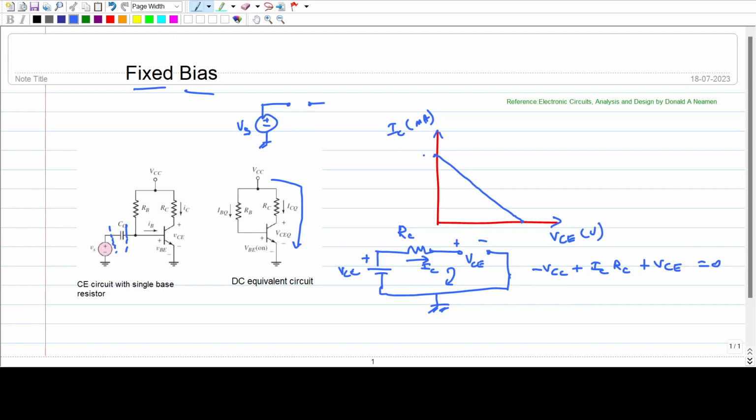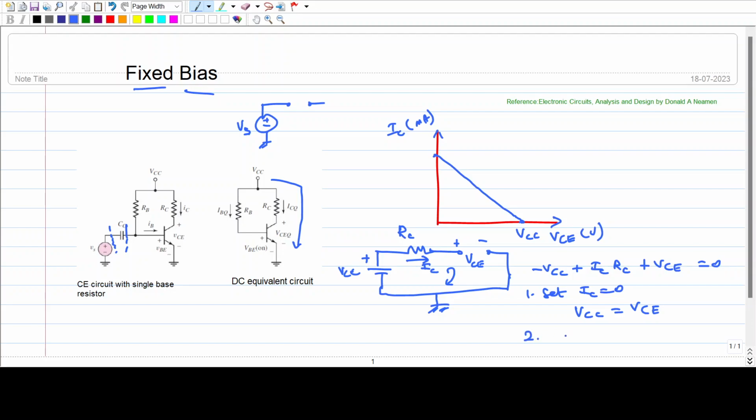Now we have to find the endpoints. To find the point on the x-axis, we have to make the y-axis value 0, so set IC equal to 0. If you make IC equal to 0 in this equation, we get VCC equal to VCE. So this endpoint is VCE equal to VCC.